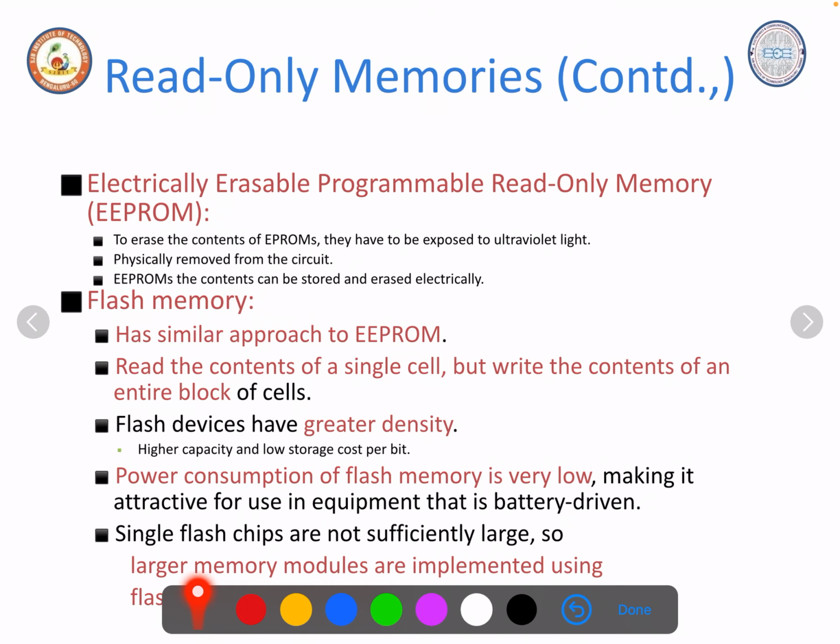It reads the contents of a single cell but writes the content of an entire block of cells. Flash devices have greater density, higher capacity and low storage cost per bit. Power consumption of flash memory is very low, making it attractive for battery-driven equipment.